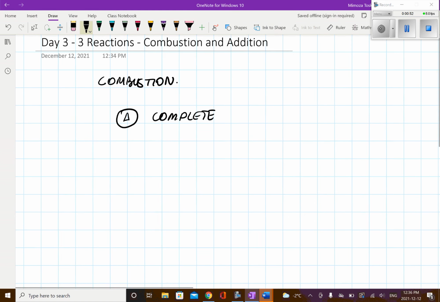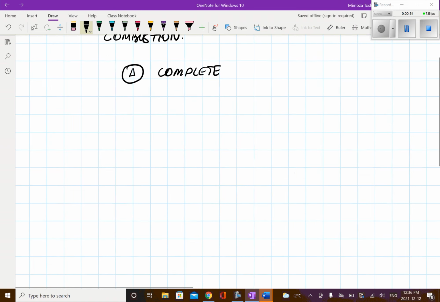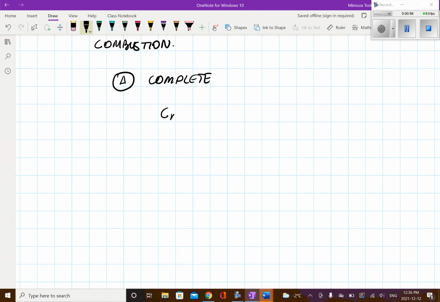The general reaction for the combustion will be something like this: CnHm plus O2, all in gas form, will form carbon dioxide gas and water vapor gas. This is a highly exothermic reaction. A huge amount of energy is released.